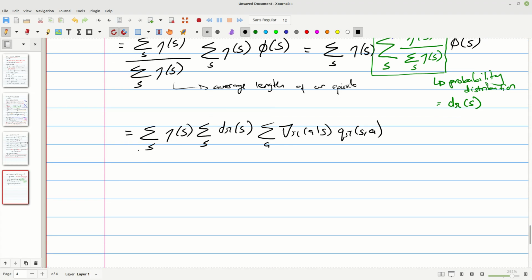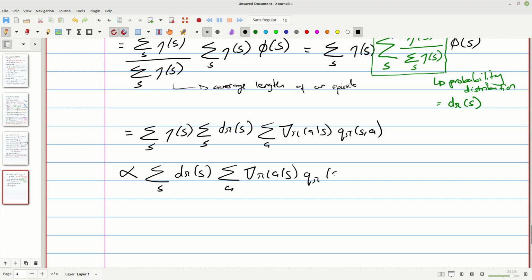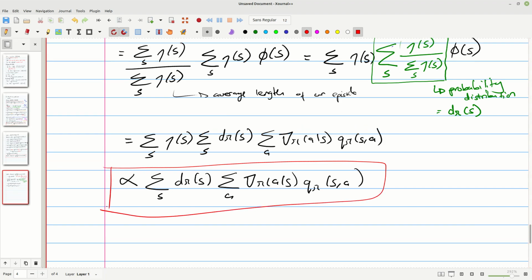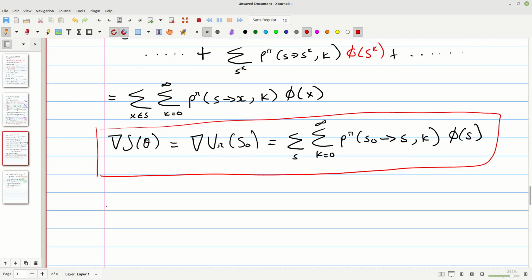And since this term is just a constant, we can say this is proportional to the summation over s of d pi of s times the summation over a of the derivative of pi a given s times q pi s comma a. And just like that, we have more or less derived the policy gradient theorem.